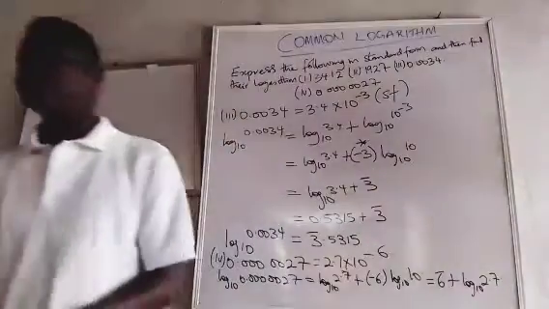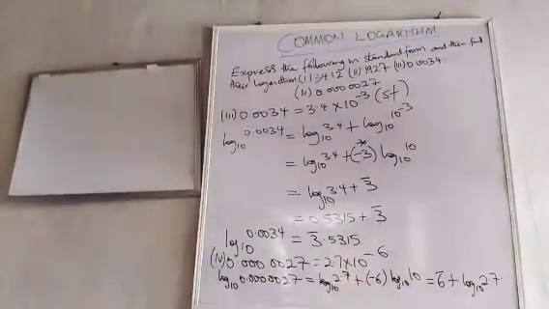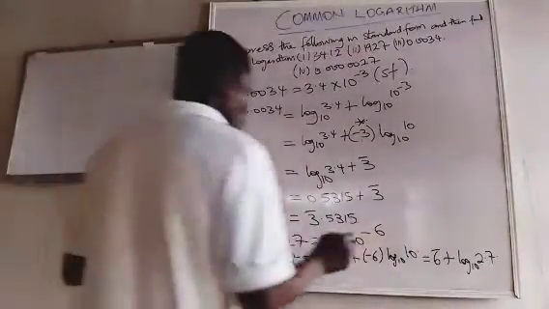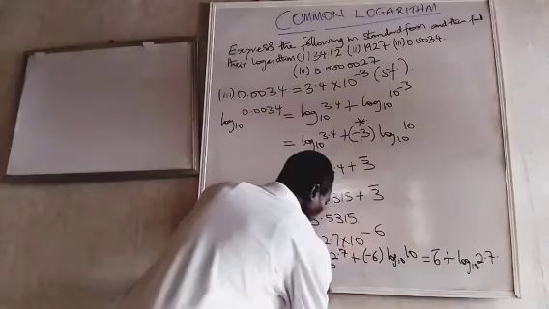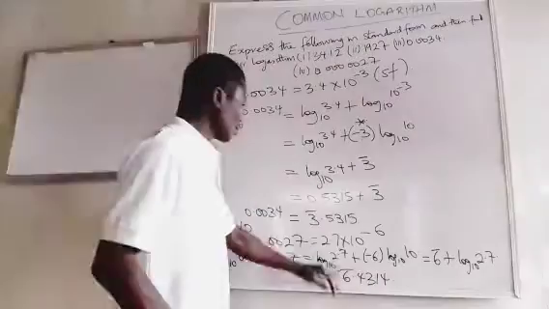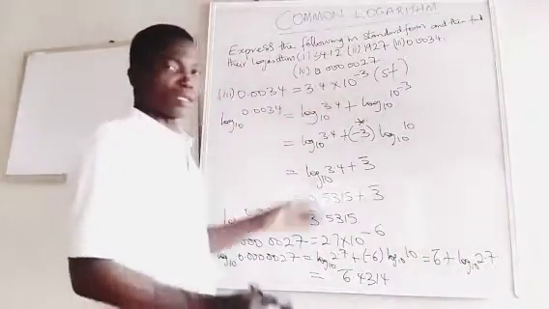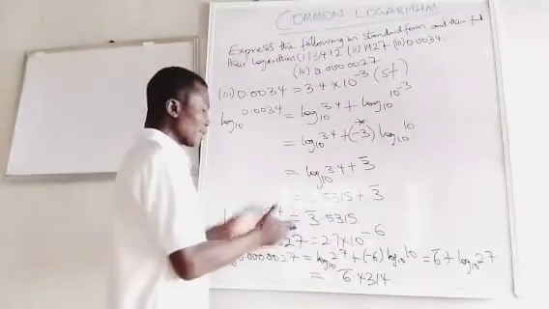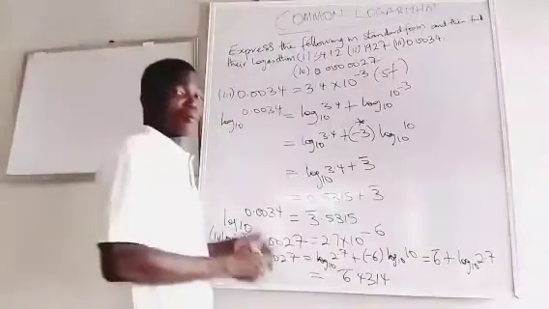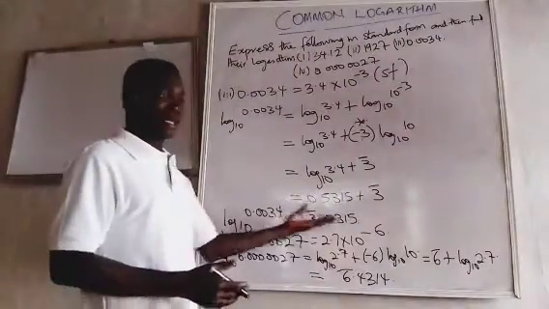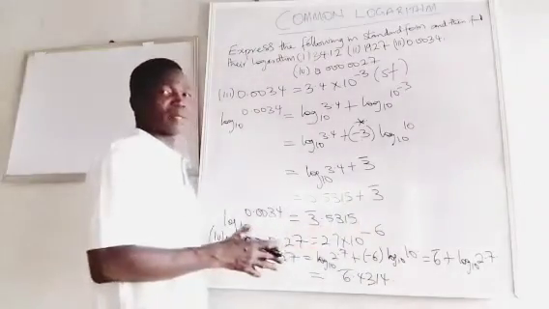So what is log 2.7 base 10? That is 0.4314. And it's going to be bar 6.4314. When you have it like this, you can easily work it back using the anti-log table. But if we left it in minus, it would still be a bit difficult.